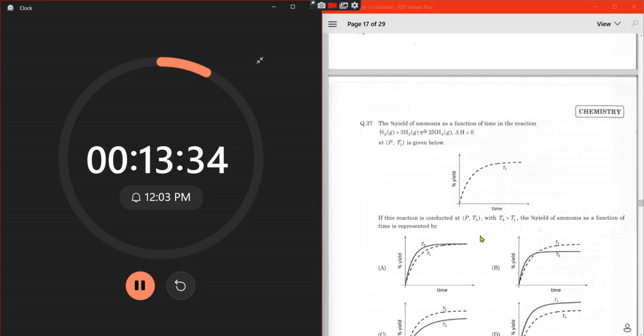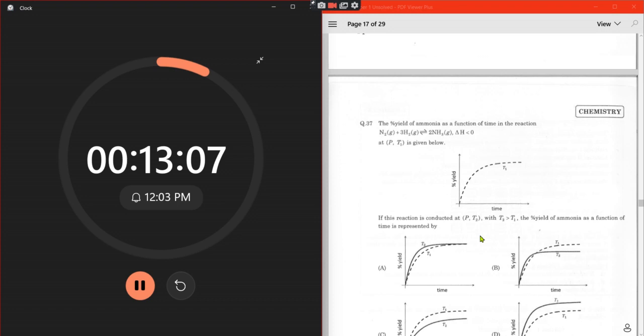Okay, fine. So you haven't changed the pressure, no big deal. K is equal to some constant e power negative delta H upon R times T, of course. So you increased the temperature.